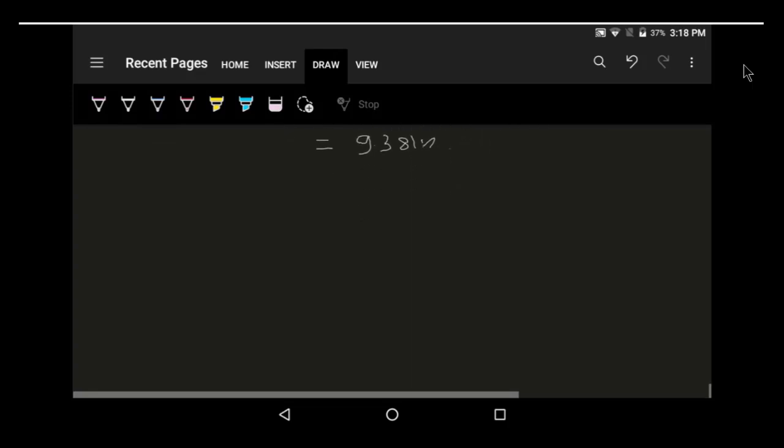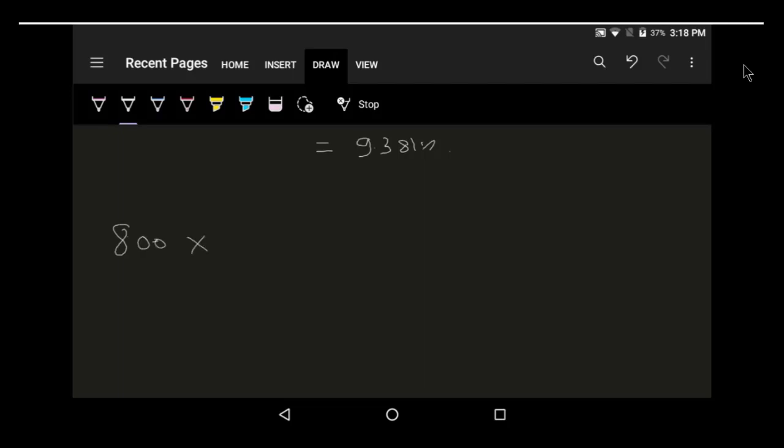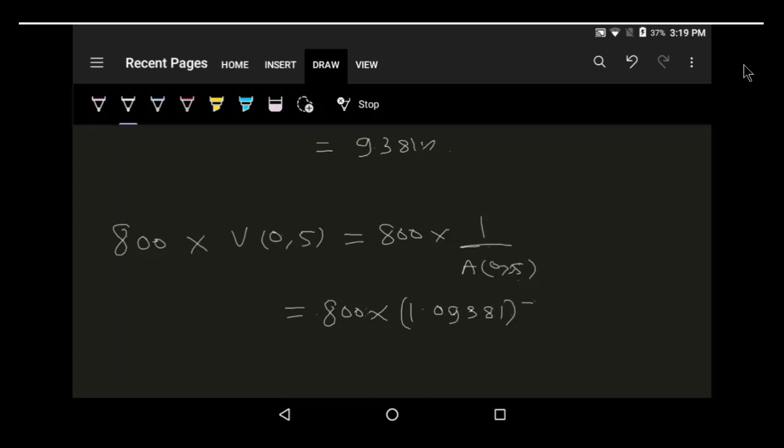So now I have got the effective interest rate per annum, so I can directly calculate the present value as 800 into v, where v for 5 years is just 1 upon the accumulation factor, and 800 into 1.0931 to the power minus 5, which is just my discounting factor for 5 years given the interest rate 9.381%.